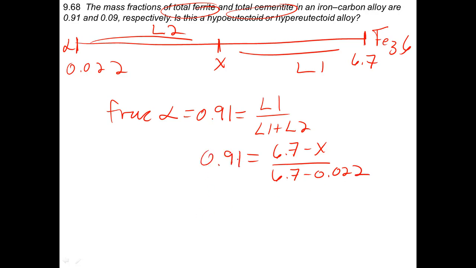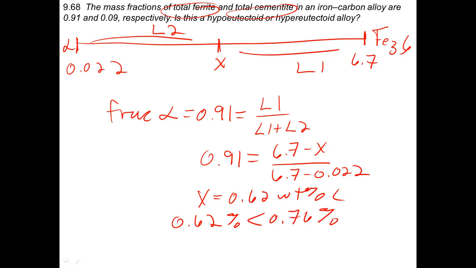So we can set up our mass fraction equation using L1 divided by L1 plus L2 and solving for the unknown system composition X. We calculate a value of 0.62 weight percent carbon, which is less than that eutectoid composition, meaning this is a hypoeutectoid steel.